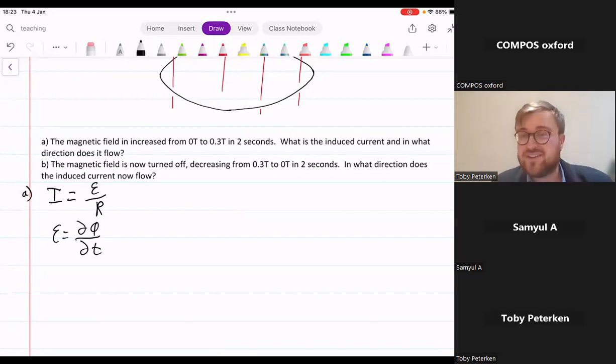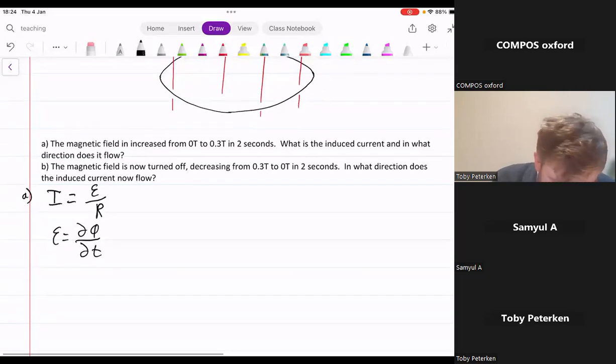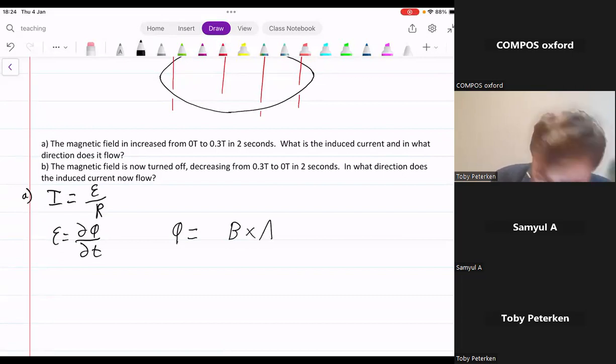If you do vector calculus at uni, the minus sign will be important because it will work throughout all the equations. For now, the minus sign is more of a reminder. We're going to kind of ignore it when we do the calculation and work out the direction from Lenz's law. So this is the rate of change of flux. And the flux is equal to the magnetic field times the area.